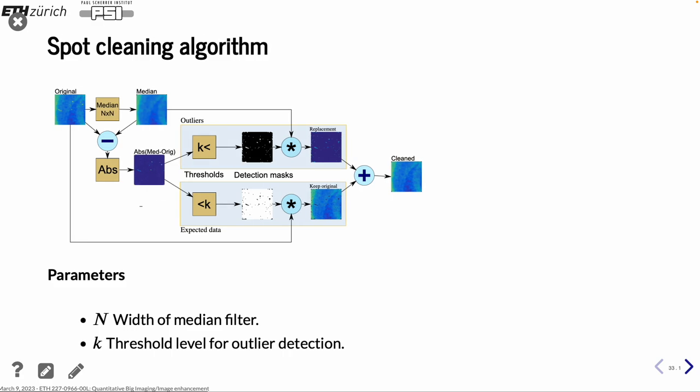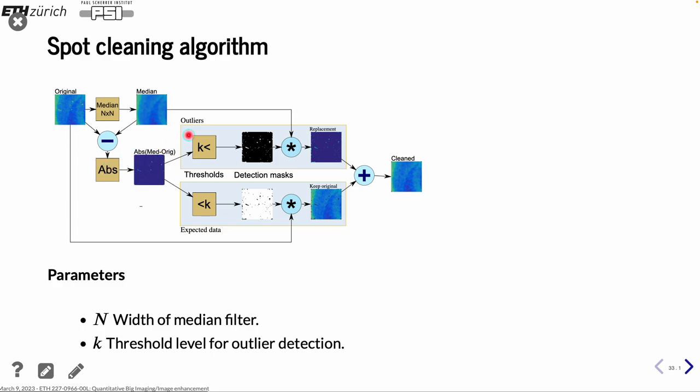The algorithm that can be used is that we start with our original image, which is median filtered. Then we get this smooth image with some kernel size. The size depends on the size of the spots. Then you subtract that one from the original and take the absolute value.